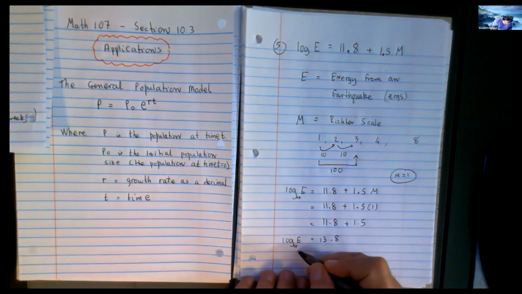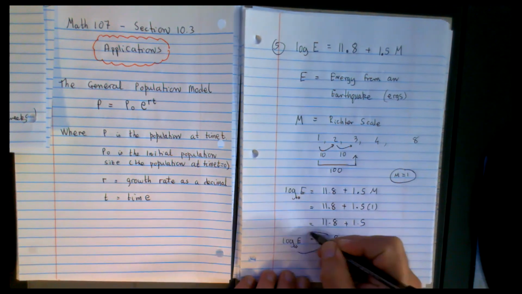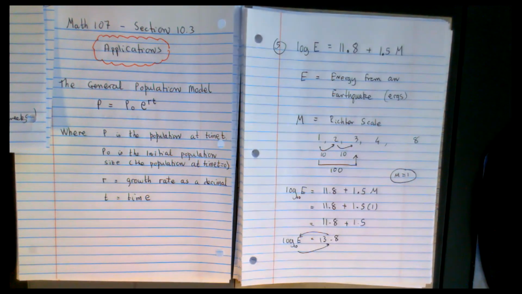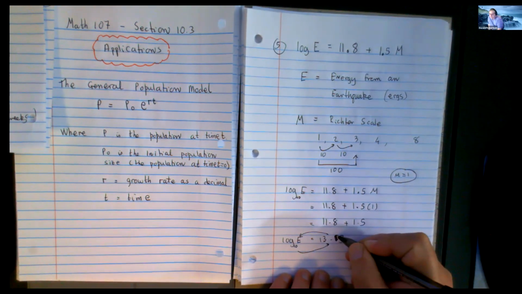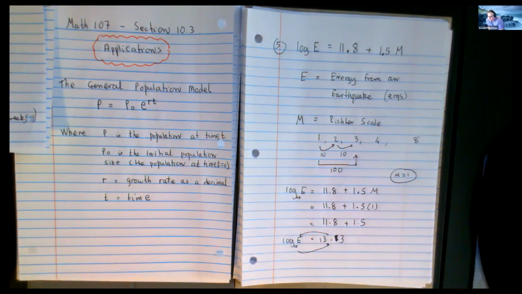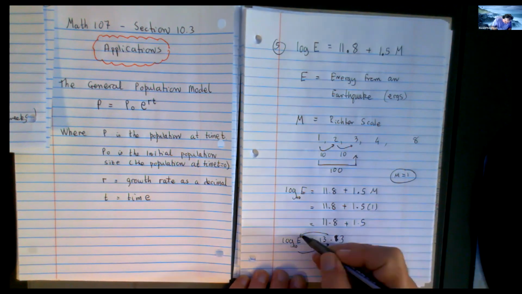Start with the base. Wouldn't it equal 13.3 instead of 13.8? Did you all catch that deliberate mistake? Does anybody here even believe it was a deliberate mistake? Right. Okay, thank you for catching that.